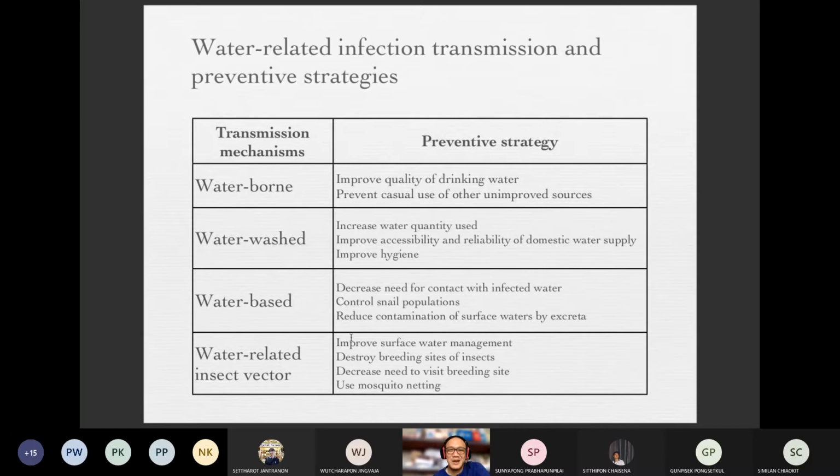Maybe you don't have good hygiene in your daily life, so you should consume more water. So basically, we need to increase the water quantity.